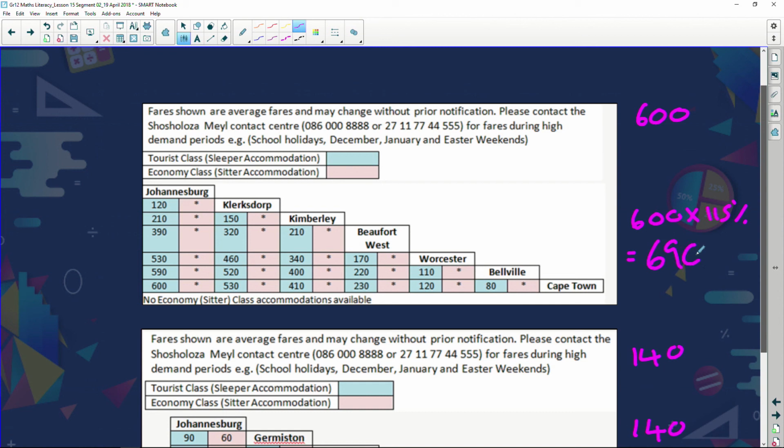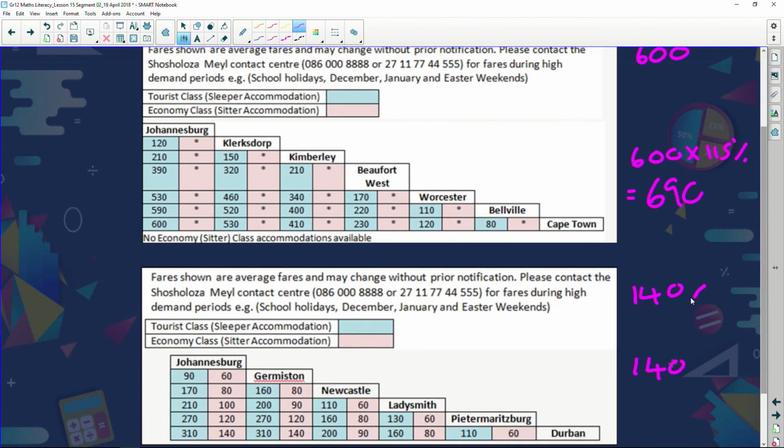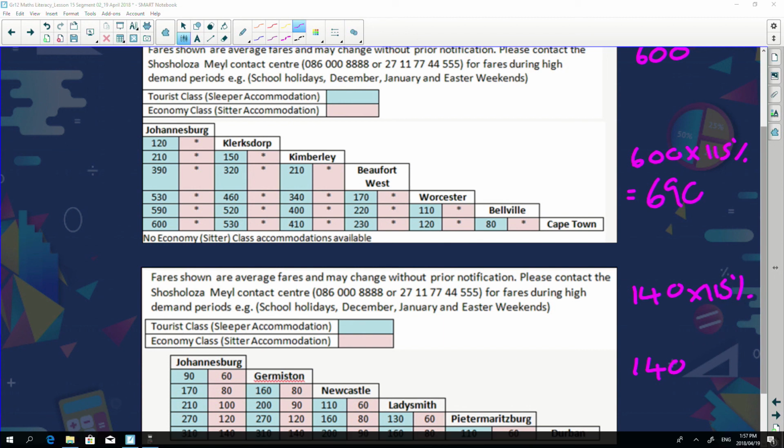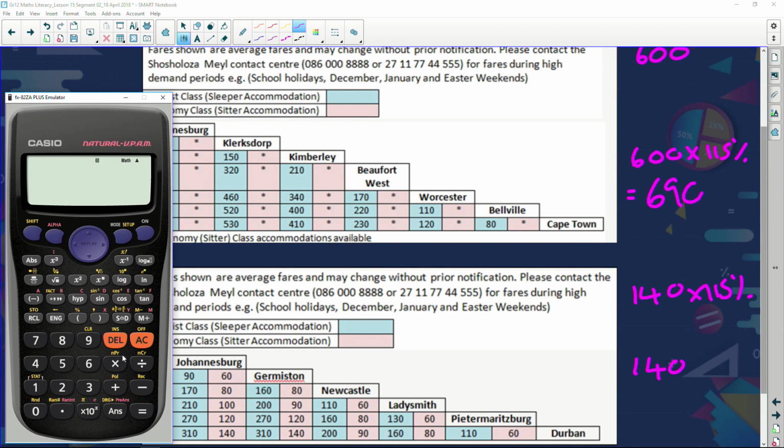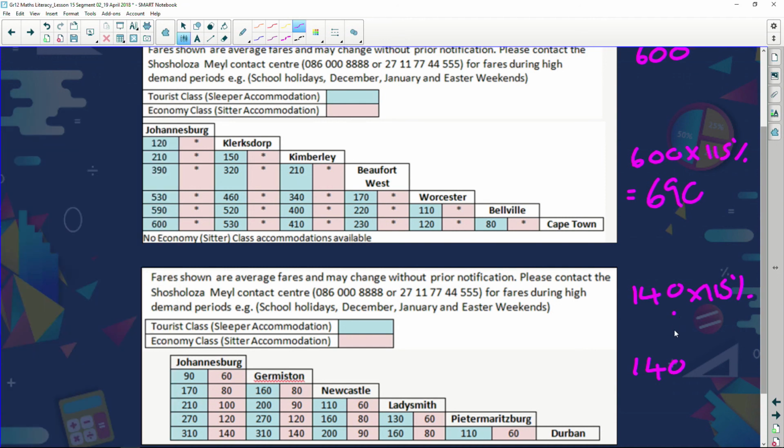So this trip is costing me 690. This 140, we're going to add 15%. So I've got 140 Rand times 115%, and my answer is 161 Rand. And this fare means it's also going to be 161 Rand.